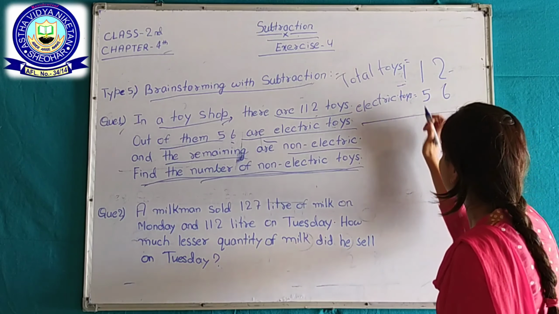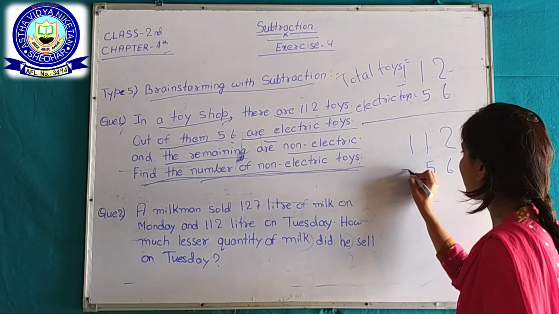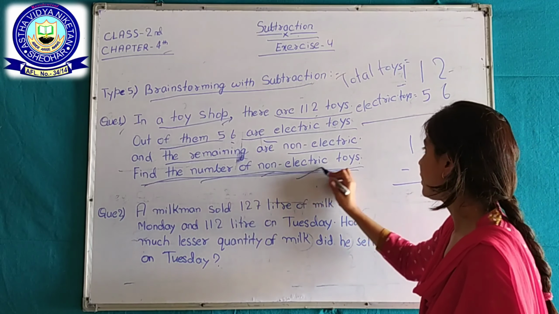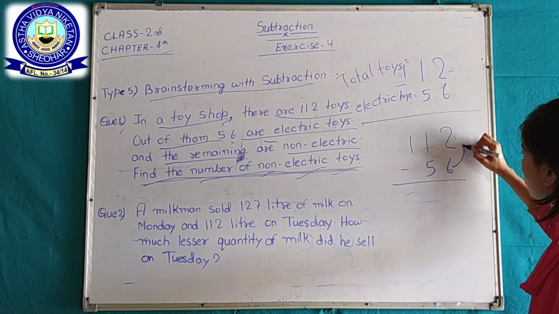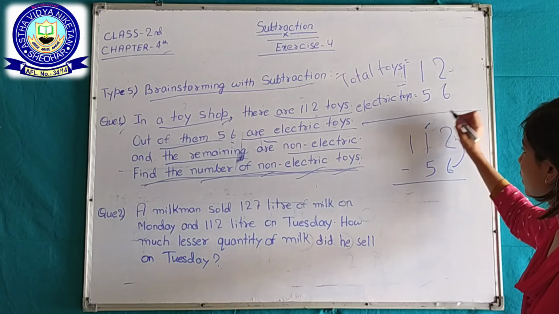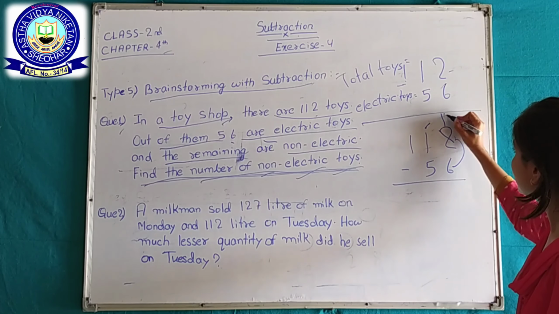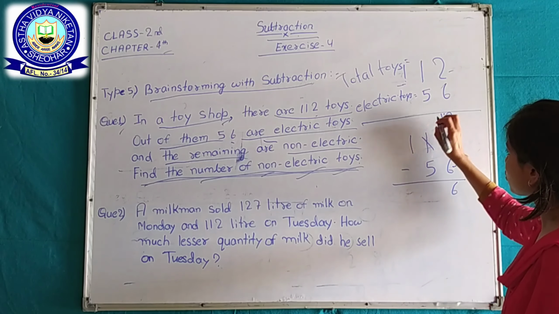So you have to subtract these numbers, 112 and 56, to find out the number of non-electric toys. When we subtract 6 from 2, we have to borrow from this 1. It becomes 12. 12 minus 6 we get 6, and this becomes 0.